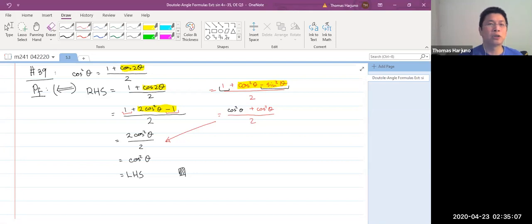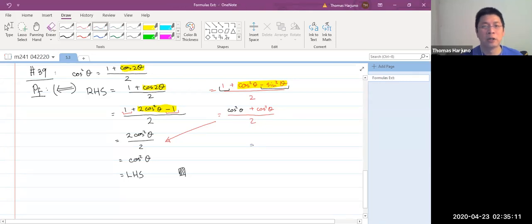If you use the third variation, that will be 1 plus 1 minus 2 sine squared theta over 2, which is 2 minus 2 sine squared theta over 2, and then you factor the 2.